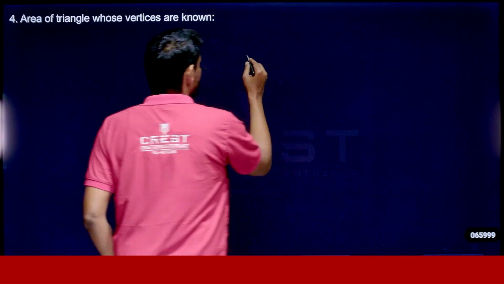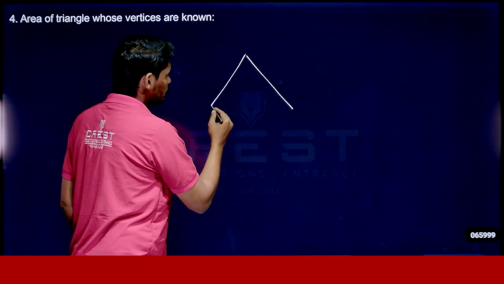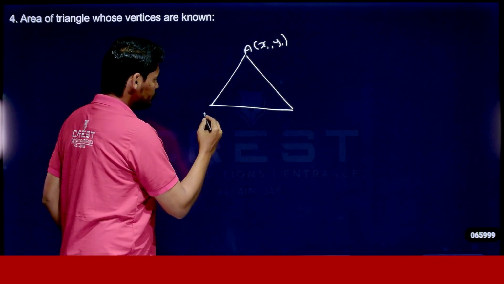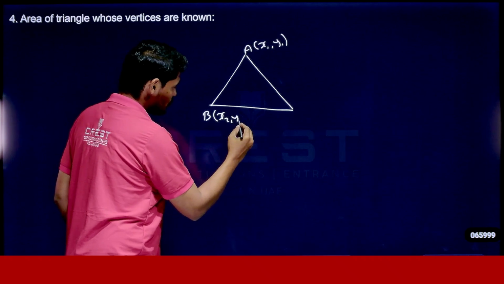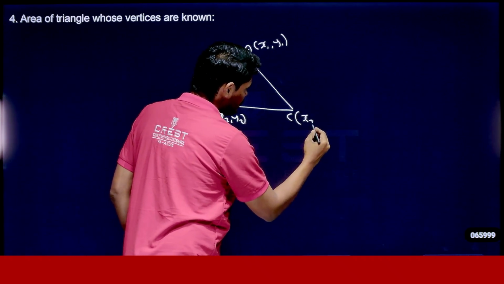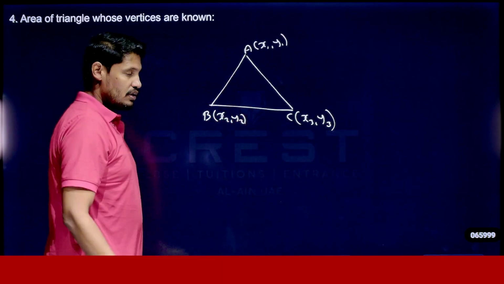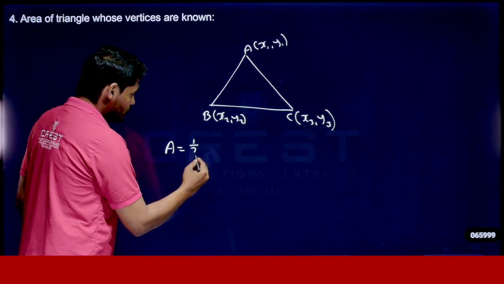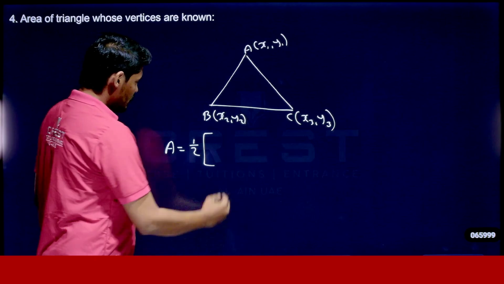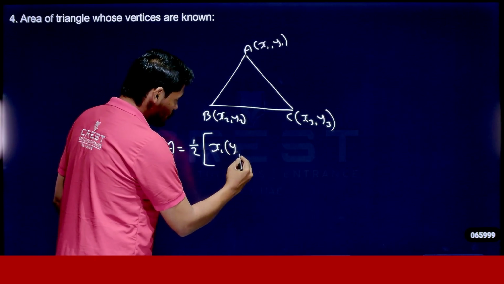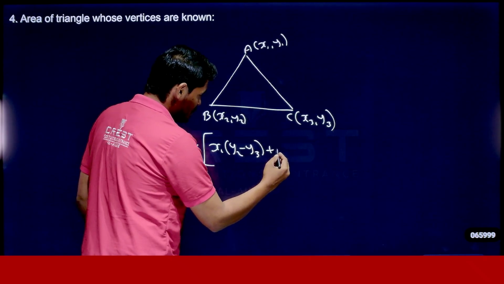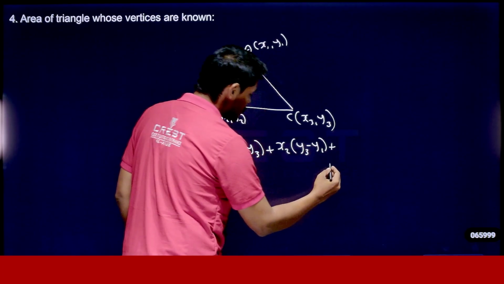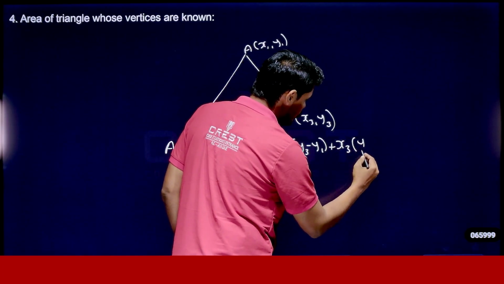If we have a triangle with vertices A (x1, y1), B (x2, y2) and C (x3, y3), to find the area of the triangle, as you studied in previous classes, area equals 1 by 2 into x1 (y2 minus y3) plus x2 (y3 minus y1) plus x3 (y1 minus y2).